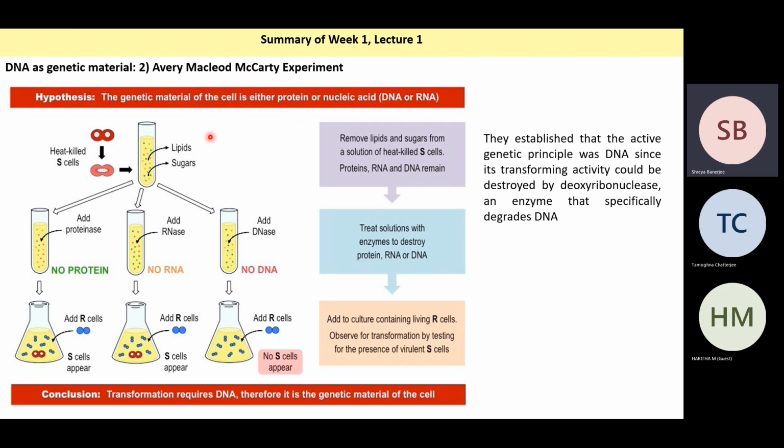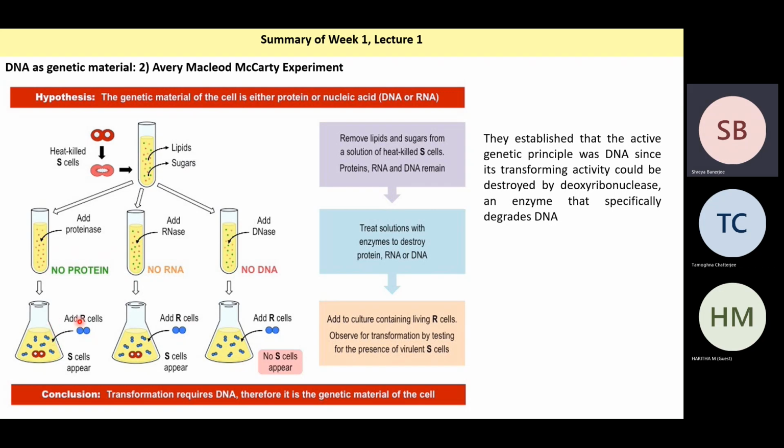So the next experiment was by Avery, MacLeod, and McCarty, where they tried to find whether this transforming principle was protein or nucleic acid. They took some of these heat-killed cells and removed the proteins, lipids, and sugars. Then in the first one, they added the enzyme proteinase. Proteinase breaks down all the proteins, so there is no protein.